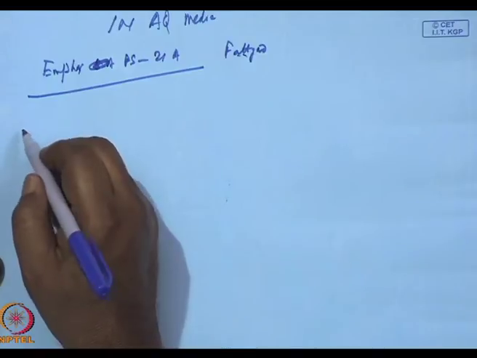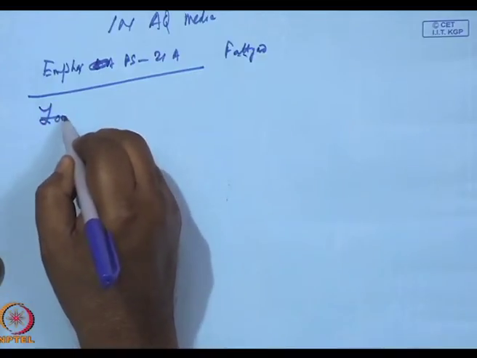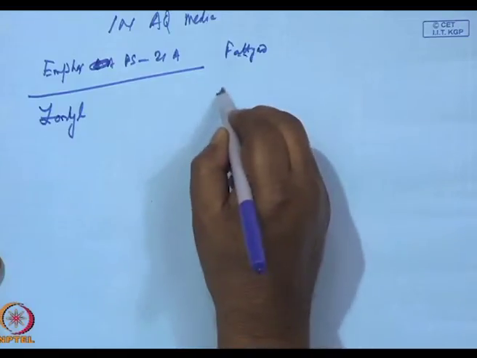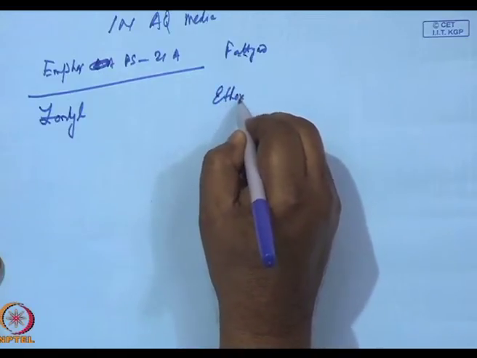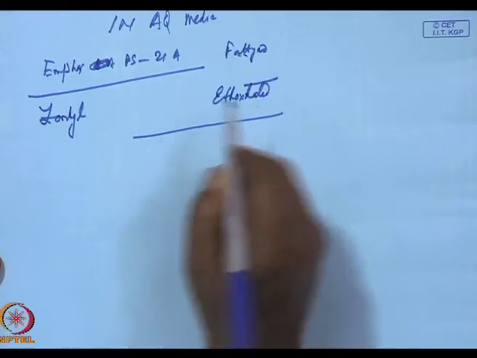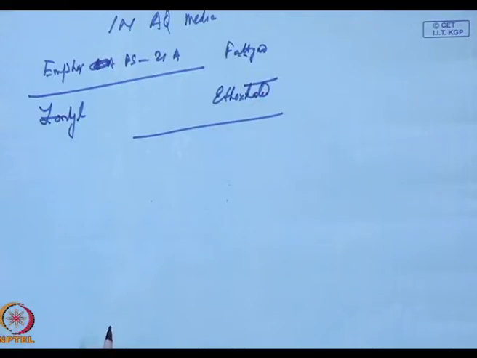The other one we have got is zonale, which is ethoxylated. People have tried with lots of things.